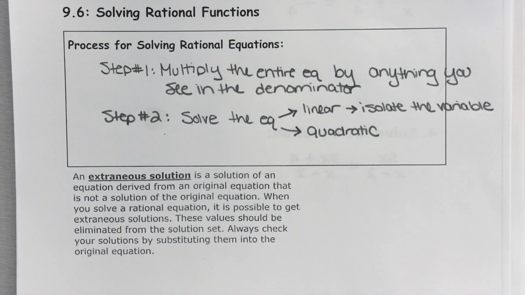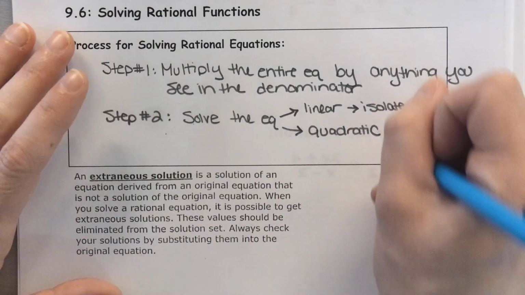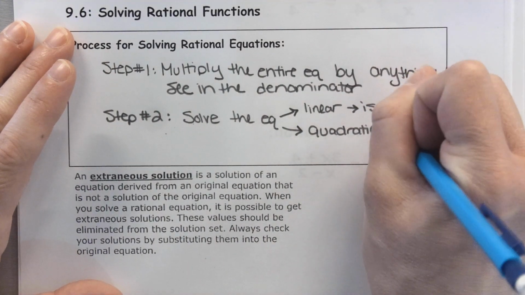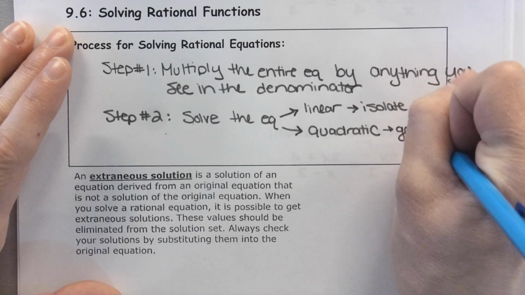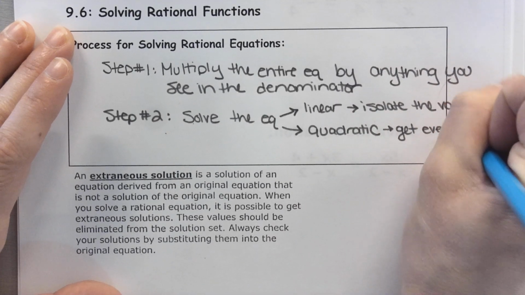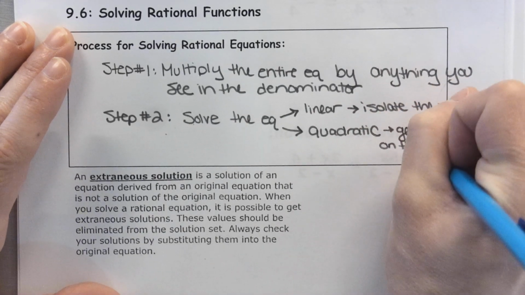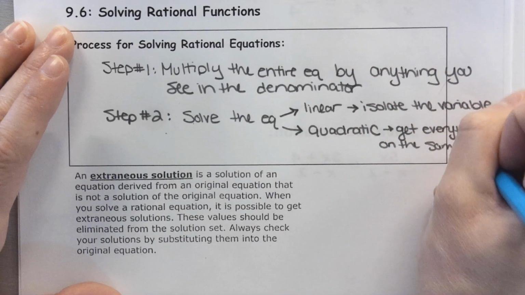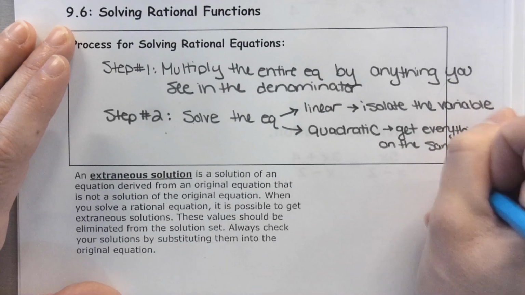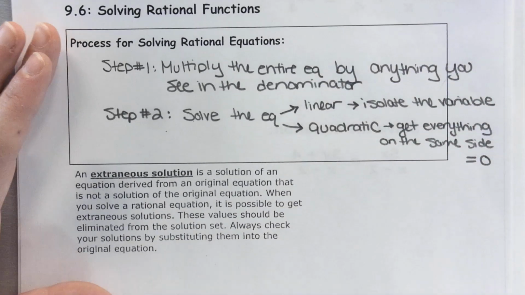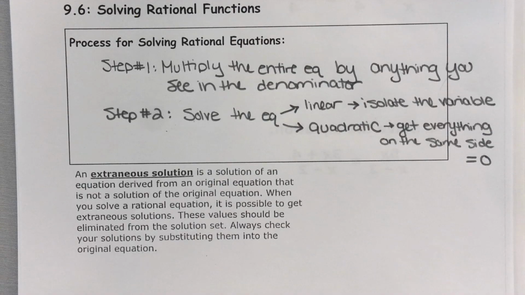For a quadratic equation, we want everything on the same side set equal to 0. From here, we have choices with quadratic equations. Do you remember one of the choices that I could use to solve?